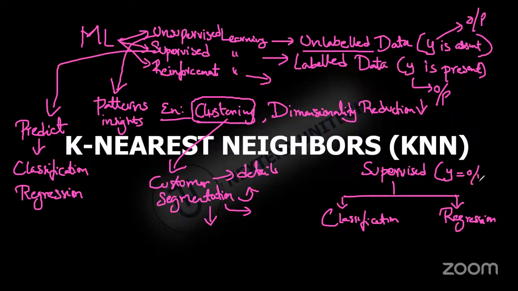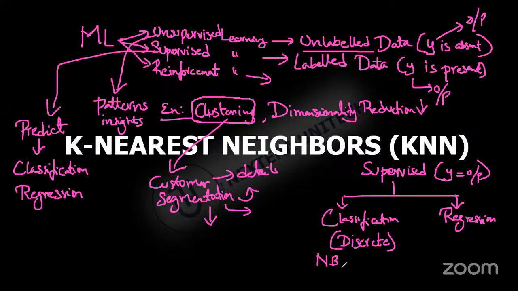We use classification when the values present in the Y column are discrete. What do you mean by discrete? Discrete means fixed. If the values under the output column are fixed, we use classification algorithms.